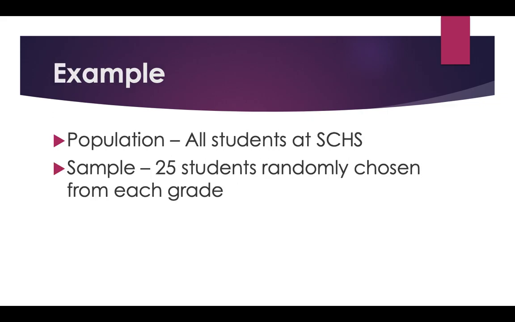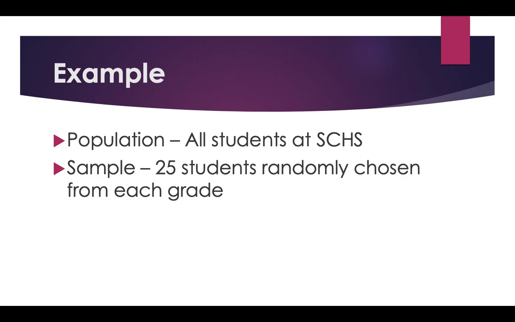So if we look at our school, if we want to talk about the population, that would be all of the students at the whole school. So if we were doing some kind of survey that was a census, we would be asking every single one of you for your input. If we do a sample, so let's say we can assume that you all have similar opinions on, I don't know, if we need new vending machines, for example.